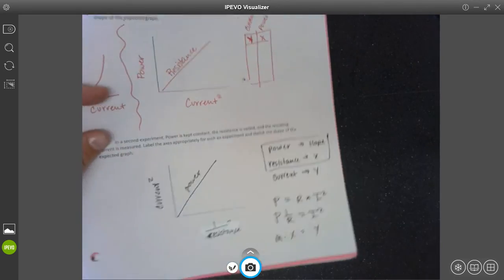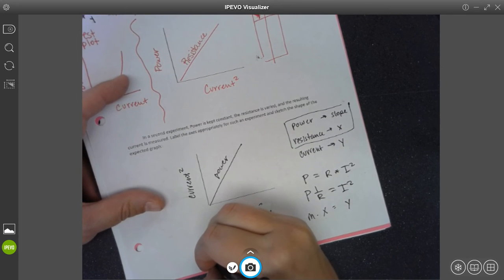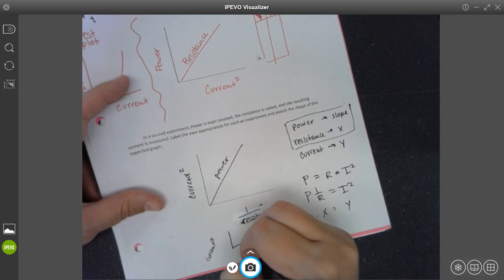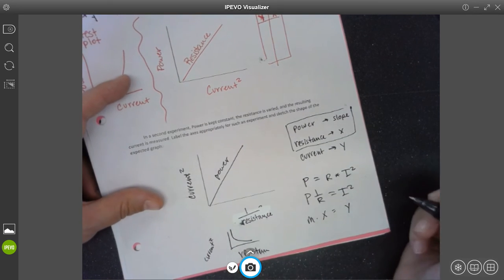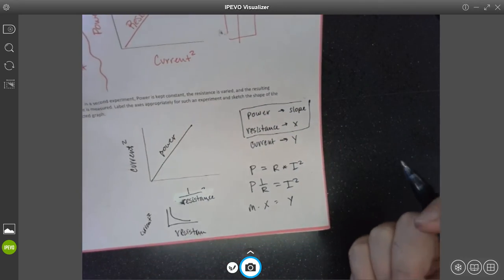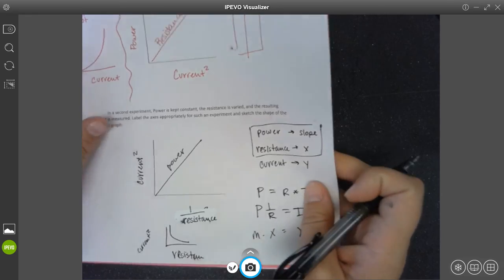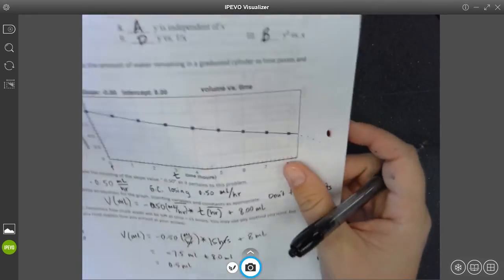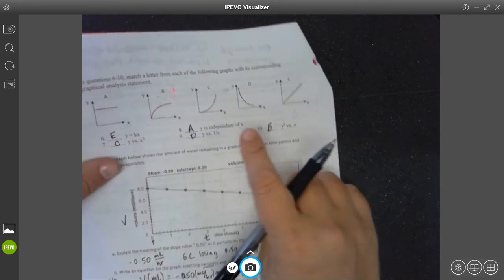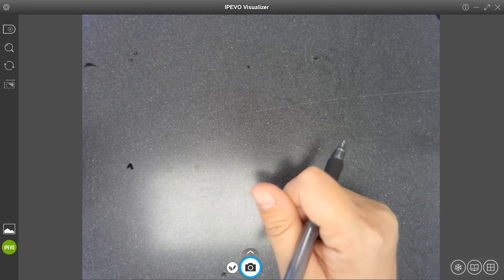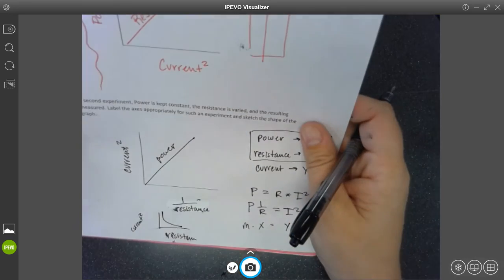So if we did current squared versus resistance, it would look like this. That's the inverse, so would it be like curved outwards? The inverse, yeah, see that's the thing, is we need to do it twice. So then if we squared, we had y squared. So this is our y squared relationship, right? It would kind of flatten it, but this is so different than that. I'm not sure. Why is it 1 over?